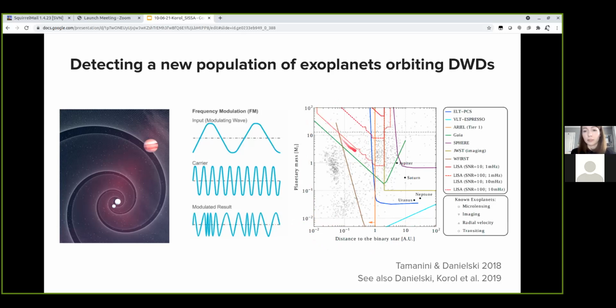And we are looking at the red ones that are showing the parameter space accessible for LISA. And the difference between the curves consists in the signal to noise of the inner double white dwarf binary and its frequency. But roughly you can see that in this way we can detect tertiary objects that are more or less at 1 AU from the central binary, and that are more massive than Jupiter.